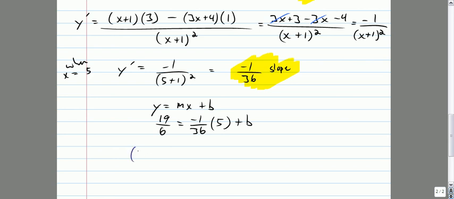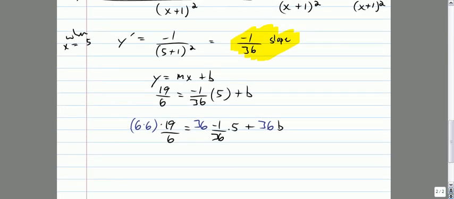So if you don't mind, 6 times 6 is 36. I'll put a 36 here and a 36 here. So this was 19/6, -1/36 times 5, and then b right here. Okay, almost there. We're just solving for b.